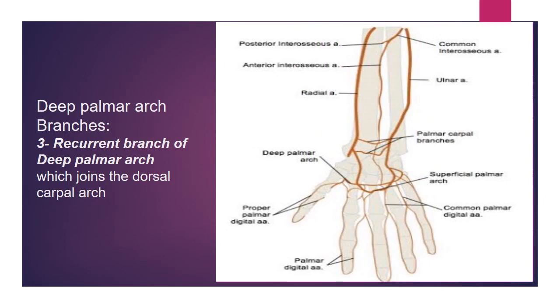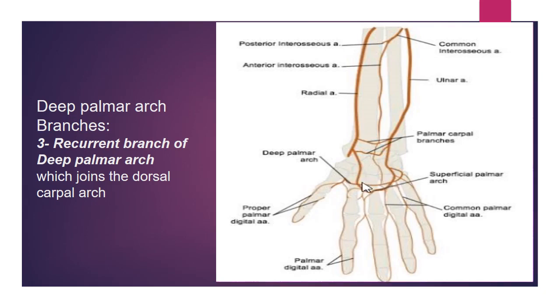The first 2 branches of the deep palmar arch arise from the convexity of the deep palmar arch. Now the third branch which arises from the deep palmar arch is the recurrent branch of the deep palmar arch. This lighter one is the deep palmar arch, and this distal one, which is darker in color, is the superficial palmar arch.